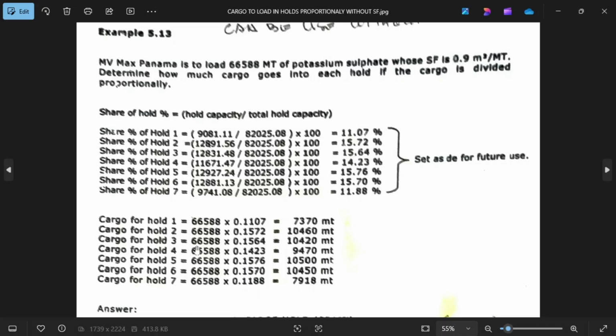Multiply this percentage by your total cargo to load, and number 1, you will have 7,370, number 2 you will have 10,460, number 3 will be 10,420, number 4 will be 9,470, number 5 will be 10,500, number 6 will be 10,450, and number 7 will be 7,980.